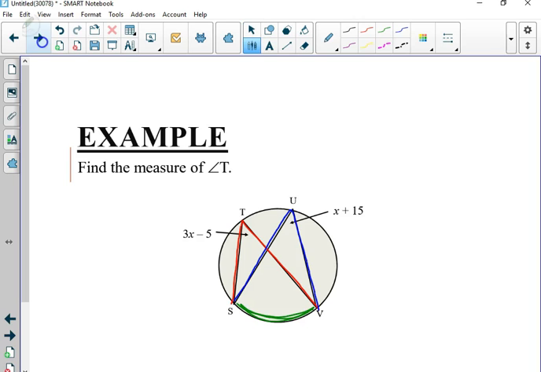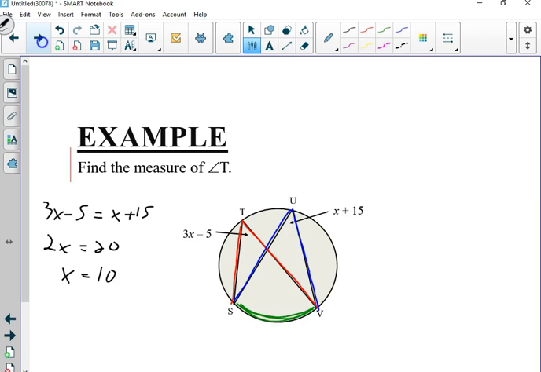So therefore, we know that 3x minus 5 is equal to x plus 15. So we just subtract x, we get 2x, add 5 to both sides, we get 20. Divide by 2, x is 10.